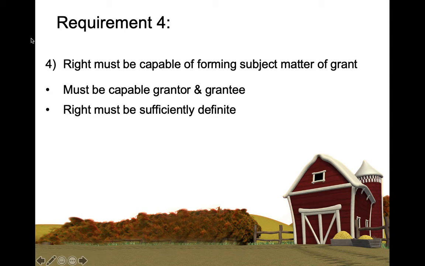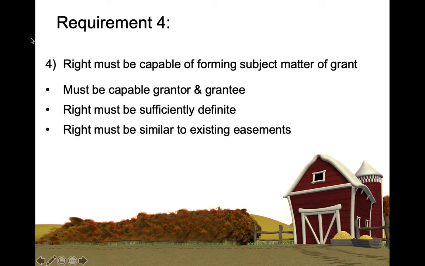The right itself has to be sufficiently definite and clear. So like I've said before, if it's in relation to a path, we'd have to be able to see it and identify where it is. Parking, obviously see the space, etc. And then there are quantifications for other things like airflow, water and light.